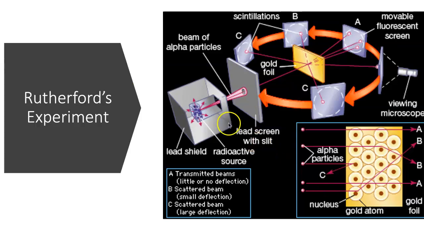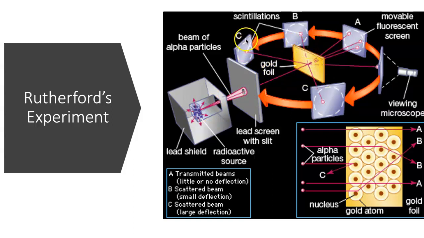He's got his little lead box. A radioactive source is probably pitchblende or something in those days, which were full of radioactive metals. And then another lead screen. So he's trying to cause a beam of alpha particles that are falling off this to then hit his gold foil.